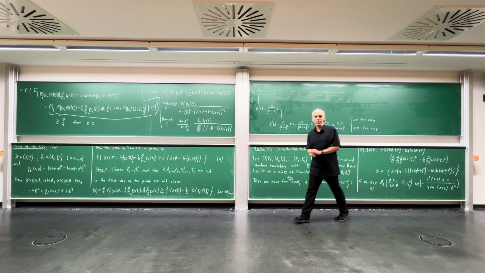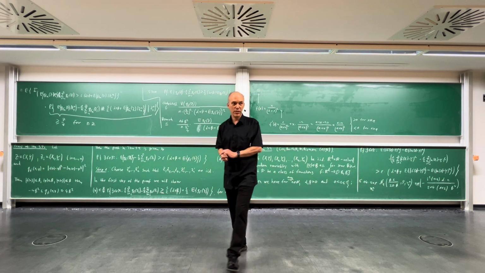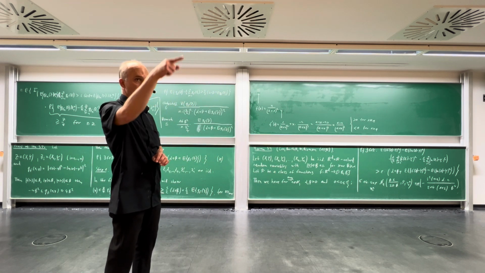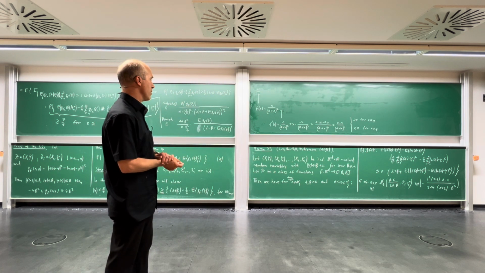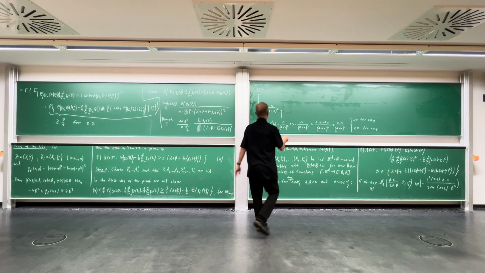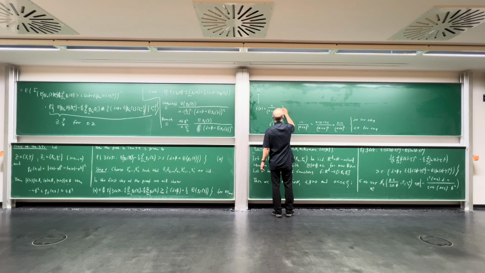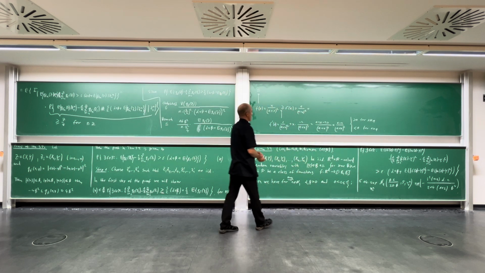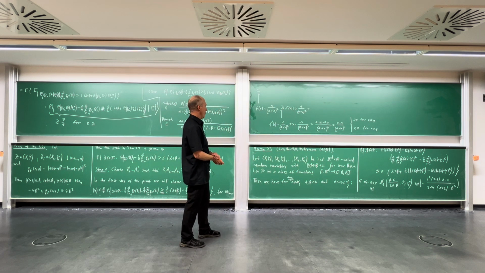Now you see the derivative of this function changes from plus to minus at the point x equal a, so that's less or equal than f of a. And f of a is a divided by (a plus a) squared. That's 1 divided by 4.